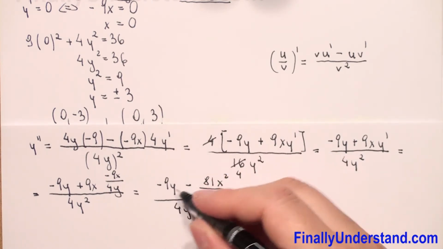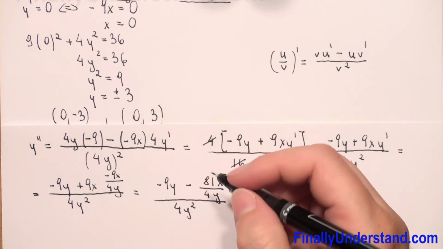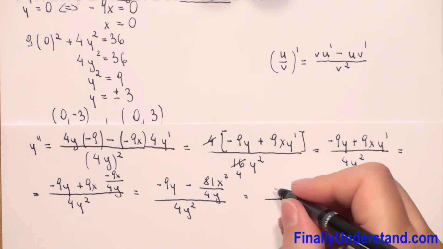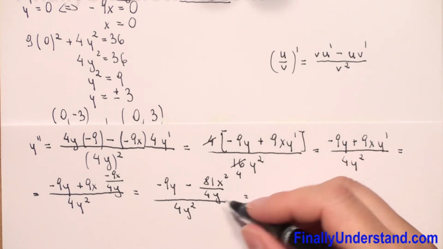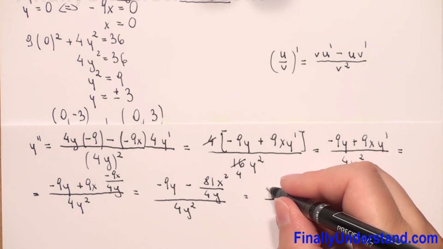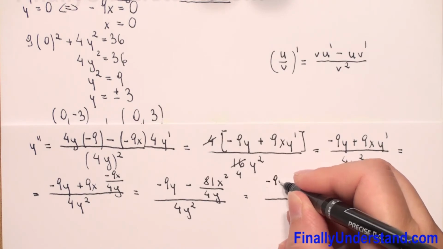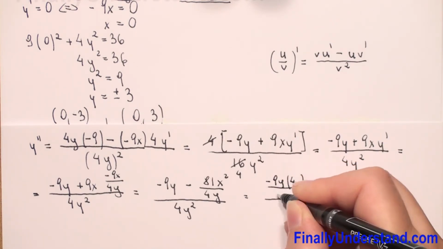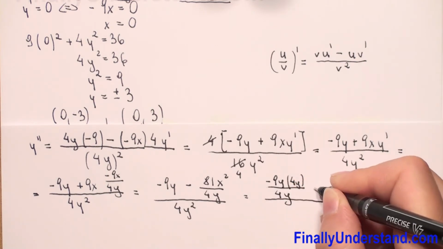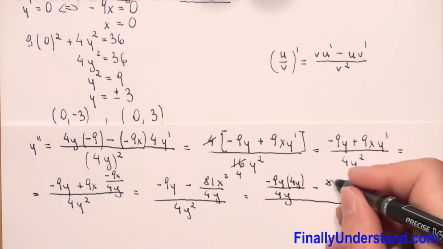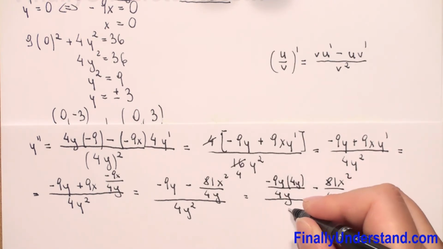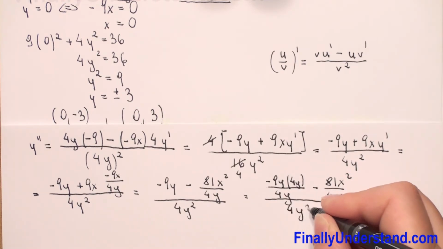Because we have fraction, I changed this expression to fraction too. So I will multiply this number by 4y. So it will be negative 9y times 4y over 4y minus 81x squared over 4y, everything over 4y squared.